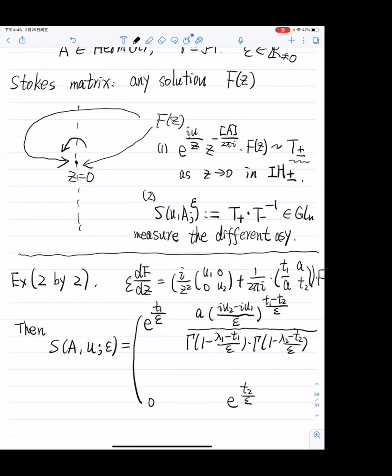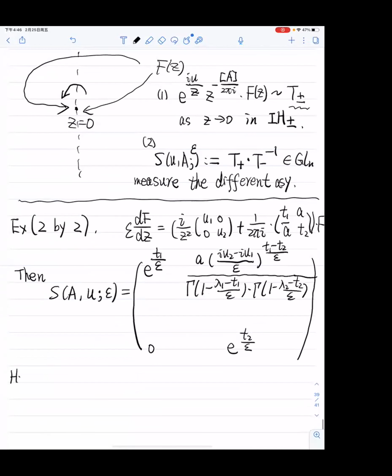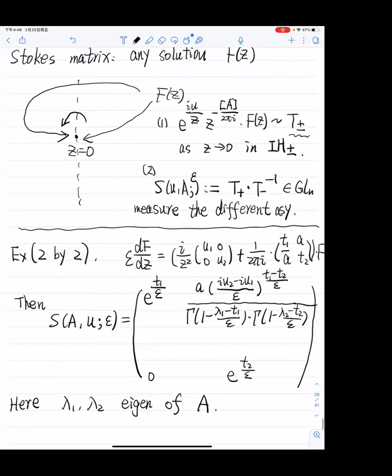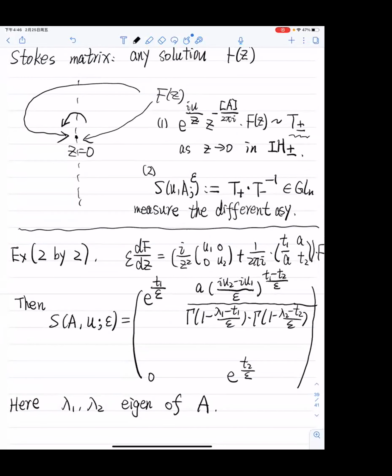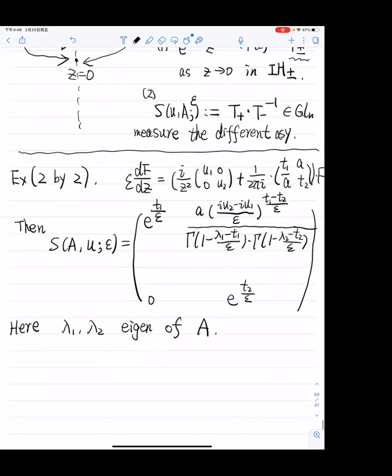Yeah, so this is how the Stokes matrix looks in the 2x2 case. Here, lambda 1 and lambda 2 are simply the eigenvalues of the Hermitian matrix A, which are two real numbers. So as I said, in this case the Stokes matrix is nothing but the connection formula of the Kummer function. I can give a simple remark.